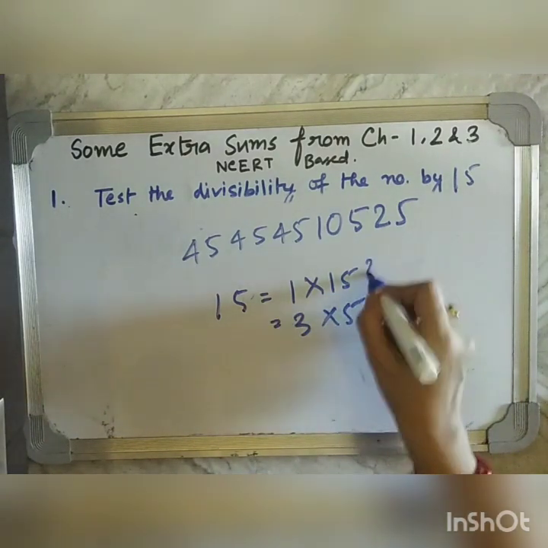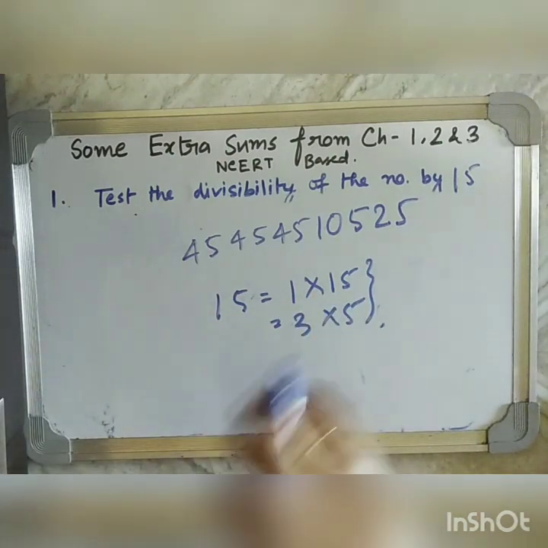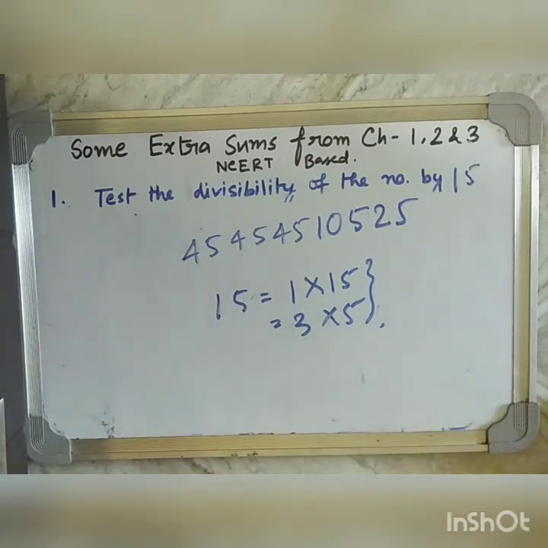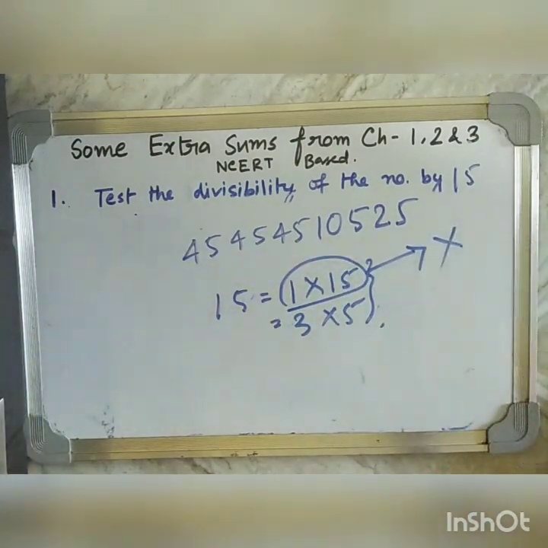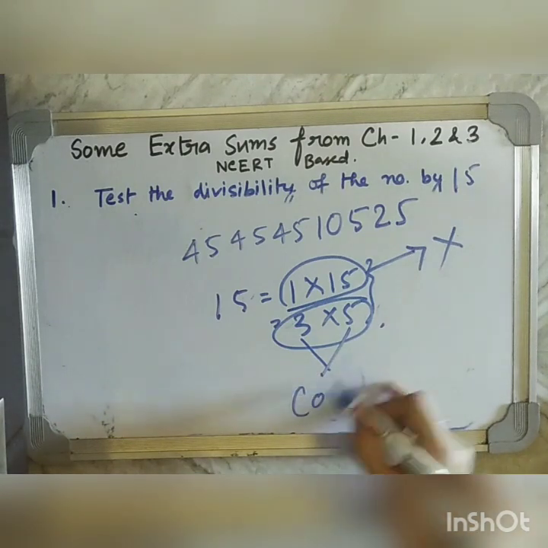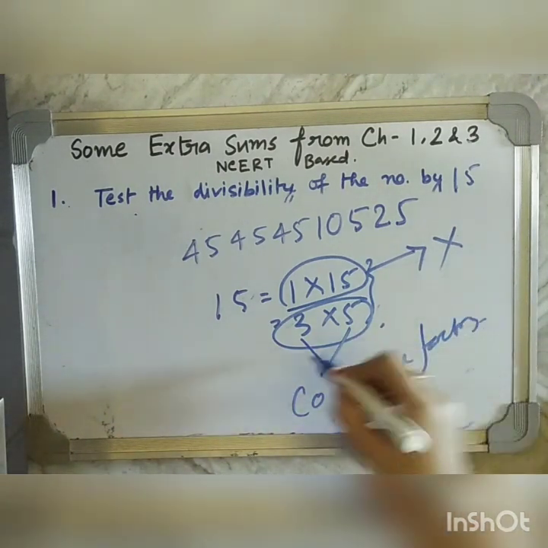Now we have got these two products. Other than these two, we are not getting any more two numbers by which we can represent 15 as a product. Okay, 1 into 15 will not be taken, so we will take 3 into 5 because these two are co-prime factors of 15.